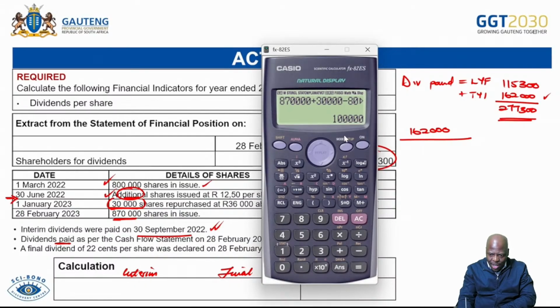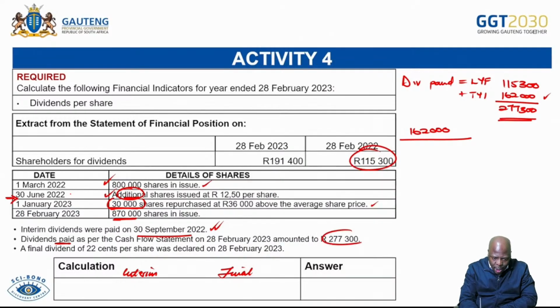So we issued 100,000. This is the additional shares here. That is the shares we issued. So if we had 800 at the beginning and we issued 100, when we paid the interim, how many were we having? 800 plus 100, we had 900,000 shares here.